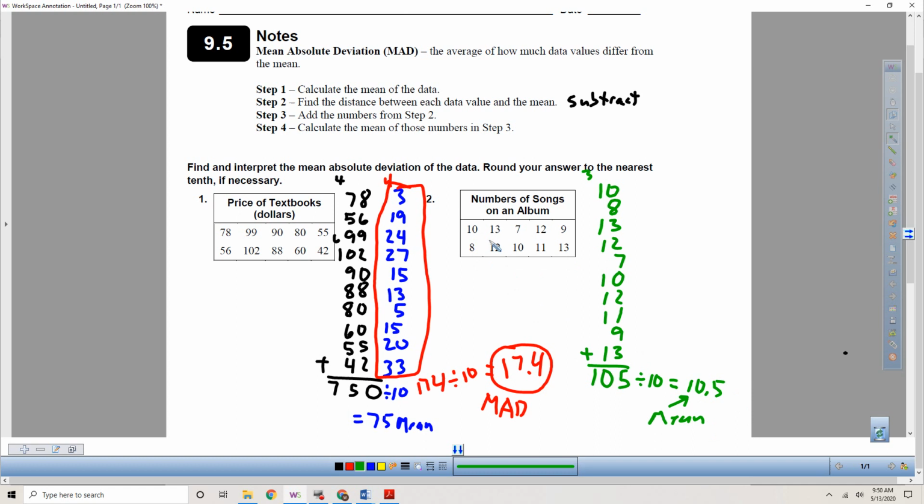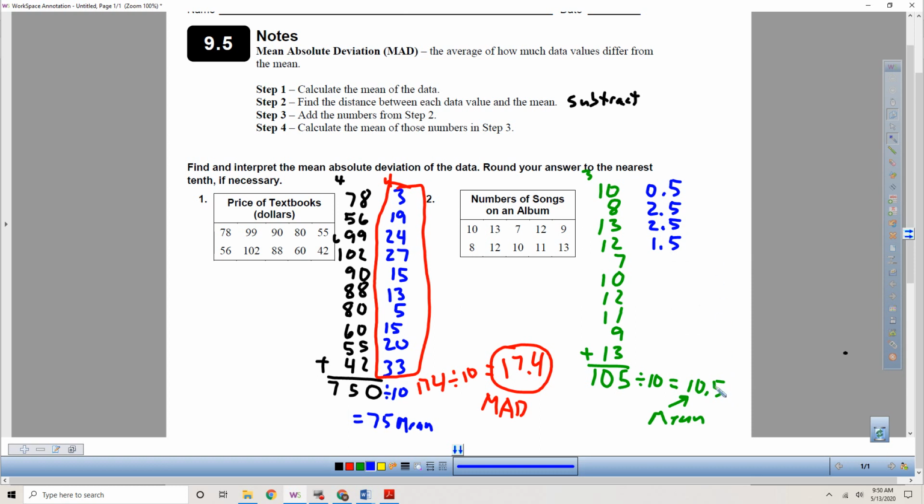And again, we're trying to find out how much each of these numbers on average deviates from the mean. Okay, fortunately these aren't real big numbers. So I'm going to go ahead and do this in blue. I'm going to go through each of these numbers and find the difference from this to the mean. So 10 to 10.5 is only a 0.5 difference. 8 to 10.5 is a 2.5 difference. 13 to 10.5 is a 2.5 difference. 12 to 10.5 is a 1.5 difference.